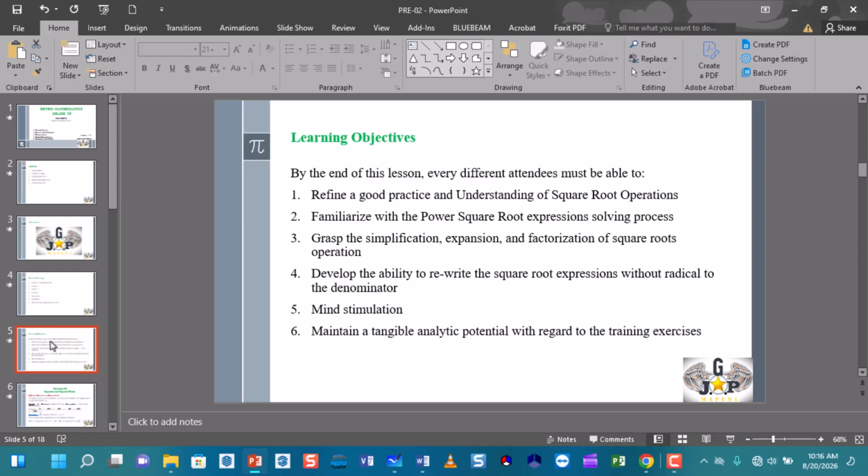So the fourth point is to develop the ability to rewrite a square root expression without a radical in the denominator. I know that on the fourth point, many people tend to skip it. Many students that I've taught in past years found it very difficult to grasp this fourth point.